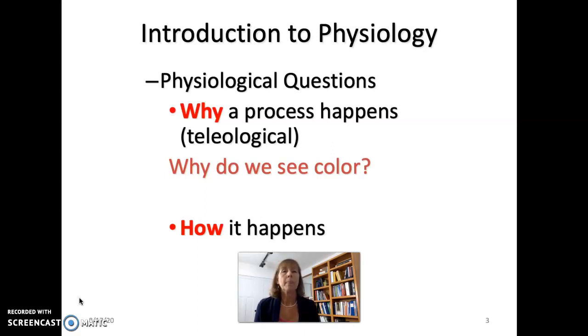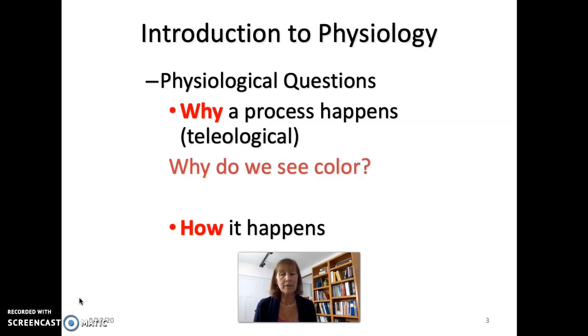Well, it might be very important to distinguish something red before you eat it, because red often indicates poisonous. So it's very important for our survival evolutionarily to be able to see color and to be able to distinguish, as an example, a poison from not a poison. So that would be the why process.